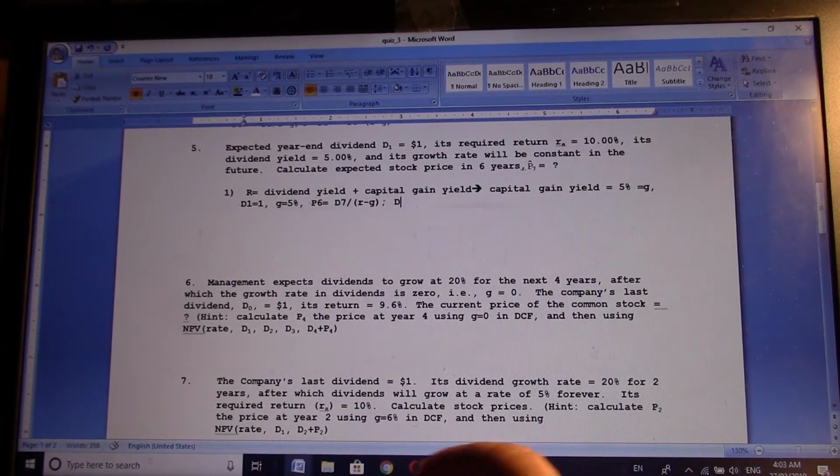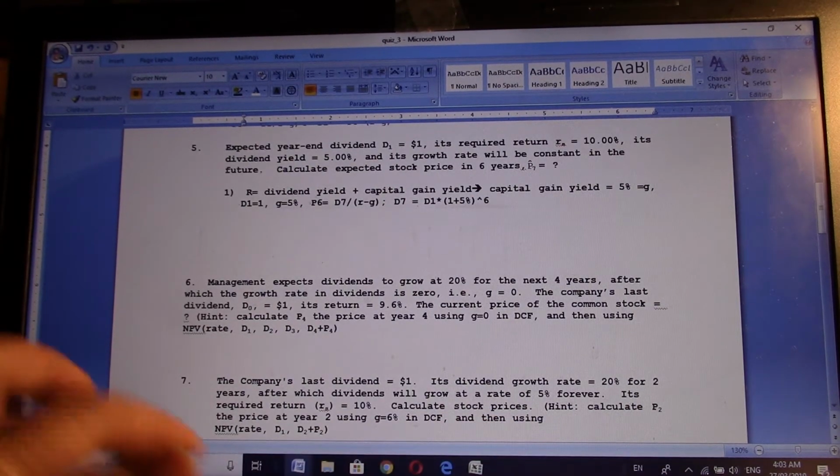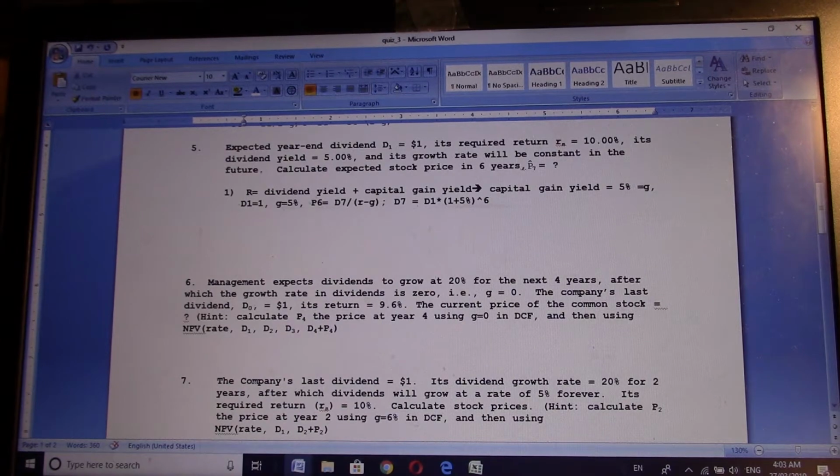And D7 should equal D1 increased at 5% year by year. How many years between D1 and D7? 6 years, right? So with the power of 6, that will give you the D7.